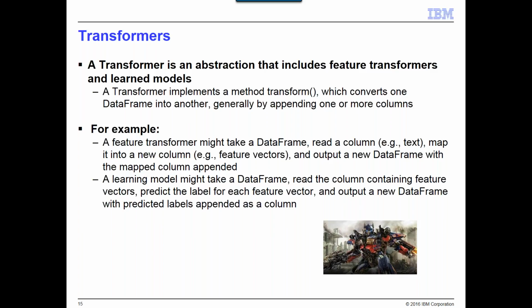That would be one example. An example of using it on a learned model would be that I could make predictions using the learned model, and I would get a new column in my data frame with the actual predictions. So again, that's an example of a transformer, and it could be something you're doing for feature engineering, or when you're actually making predictions from a model.